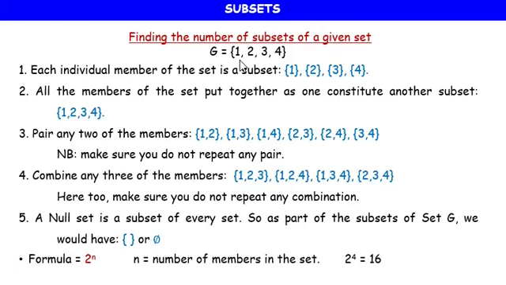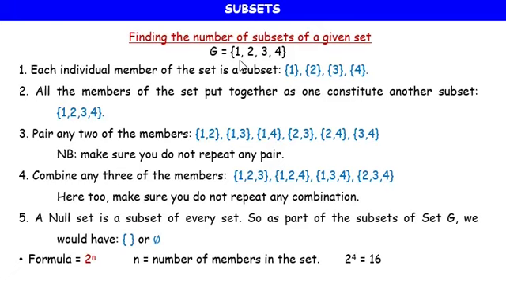Then when you come to West Africa, we can have further subsets. For instance, we can have English speaking West African countries. You can talk of Ghana, Gambia, Nigeria, Sierra Leone. These are all English speaking West African countries. So it means we have different levels of subsets.